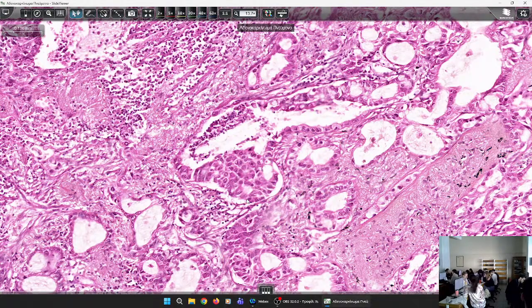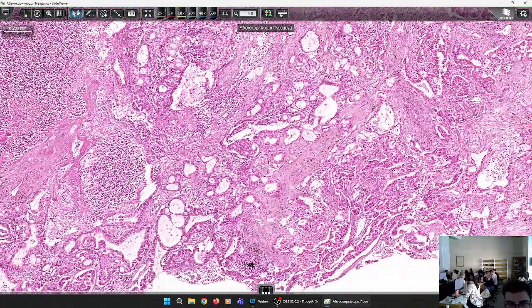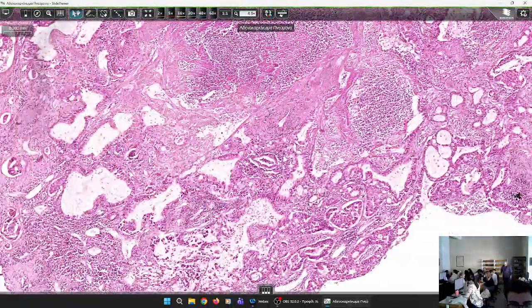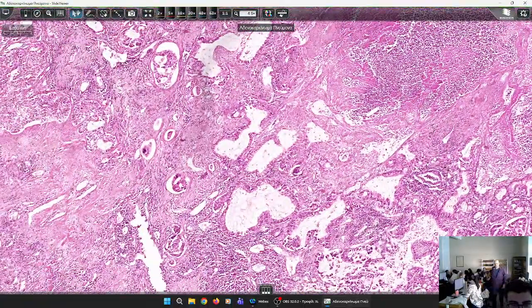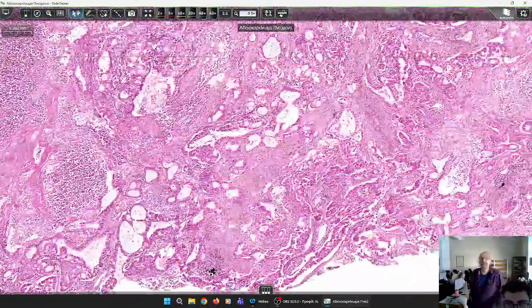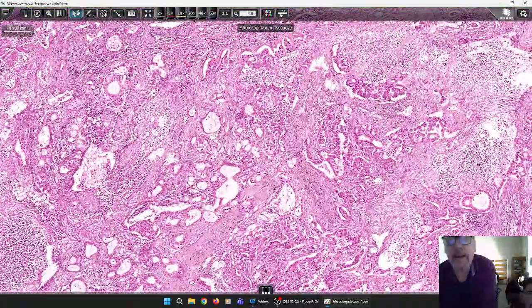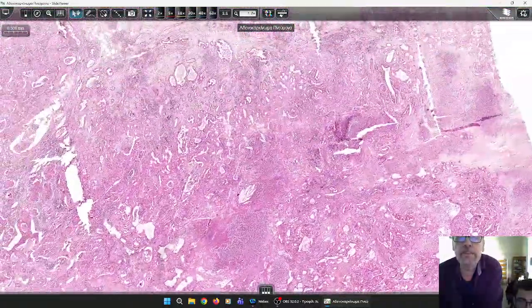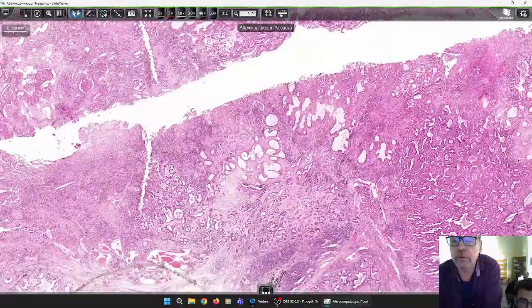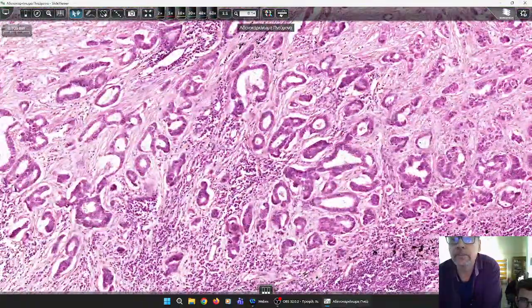This not so much. You see, these two here are some sort of combined. But I want to find an area where the cancerous glands are easily separated from each other, because this has to do with the grade of the tumor. Yes. This is the area.